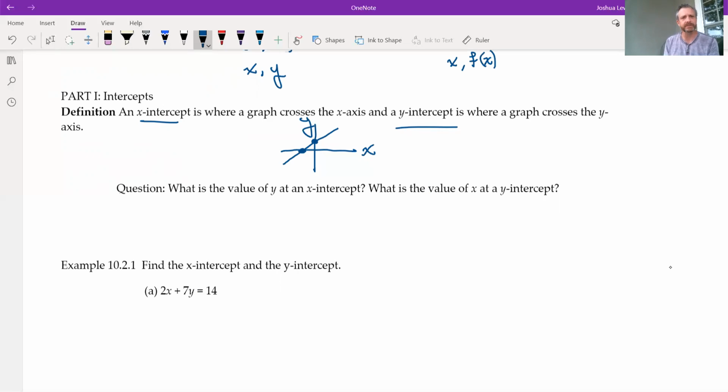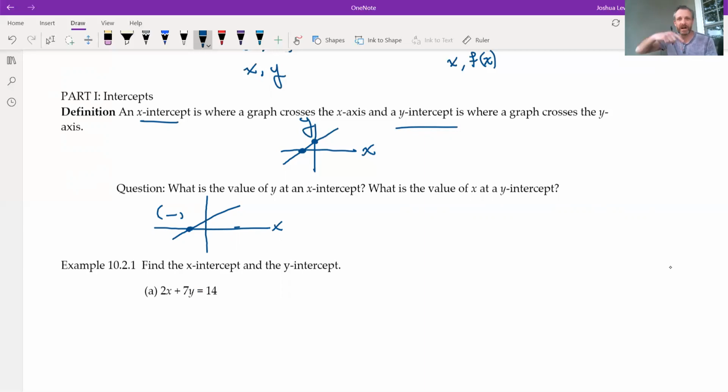So here's a question. What is the value of y at an x-intercept? Well, let's take a look here. This would be the x-intercept, right? The graph is crossing the x-axis. Well, what would the y-coordinate be for this point? Notice that we're sitting on the x-axis. So we're not above it, we're not below it, we're right on it.